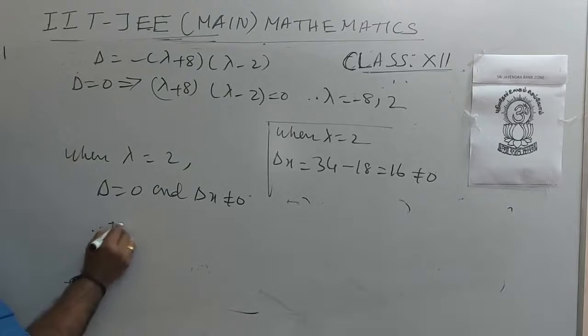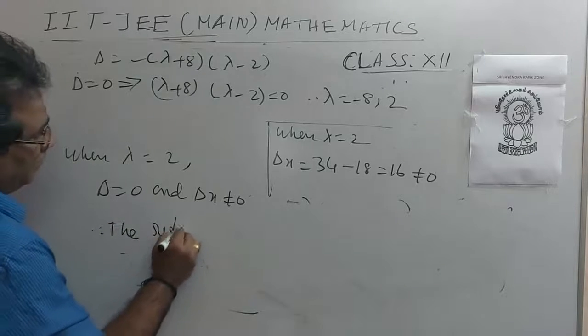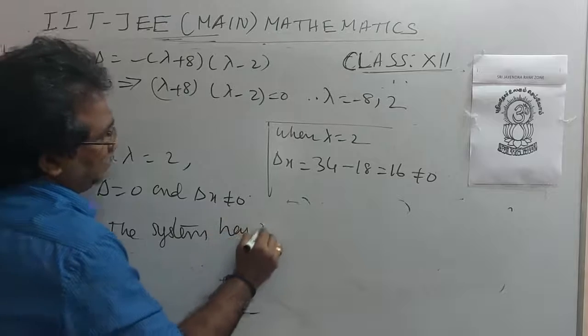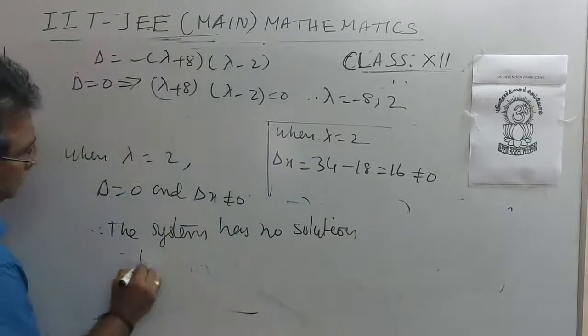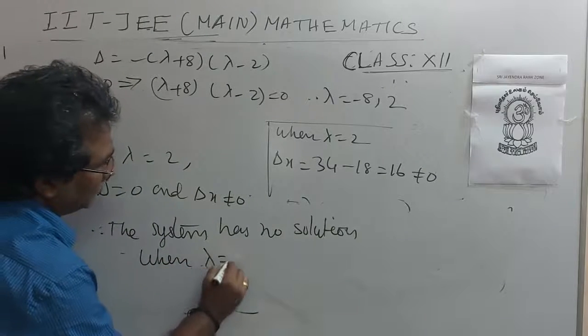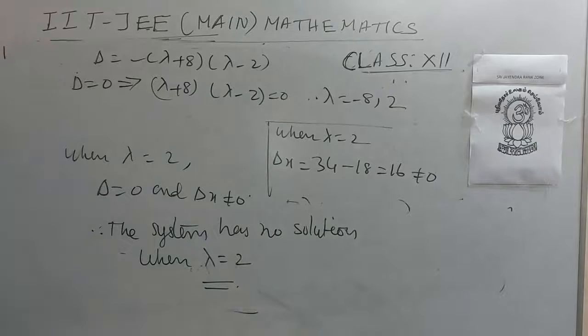Therefore, the system has no solution when lambda equal to 2. So option 3 is correct.